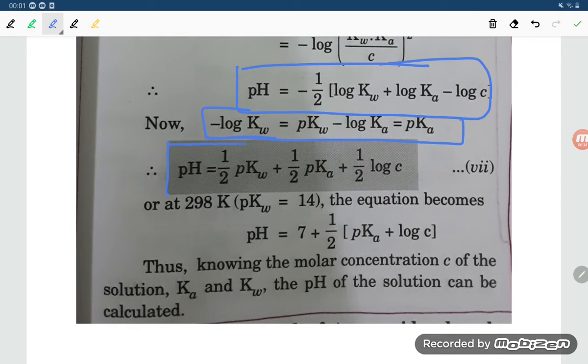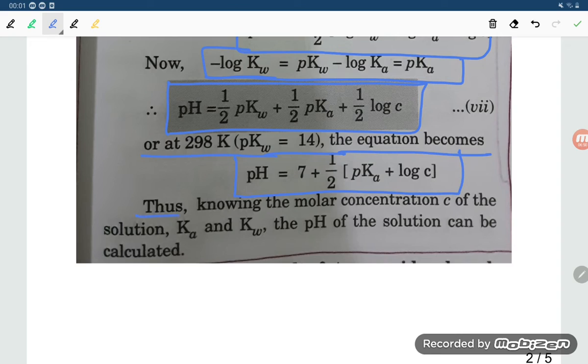So pH = 1/2 pKw + 1/2 pKa + 1/2 log C. At 298 Kelvin, pKw is equal to 14, so the equation becomes pH = 7 + 1/2 pKa + 1/2 log C. Thus, knowing the molar concentration C of the solution, Ka and Kw, the pH of the solution can be calculated.